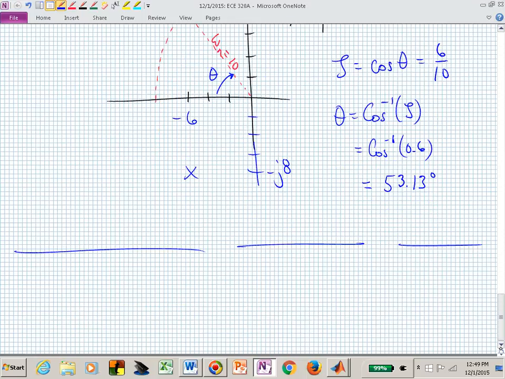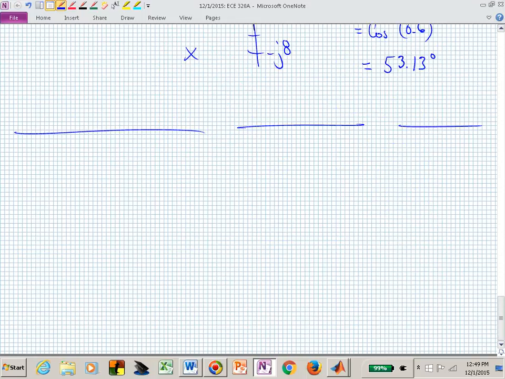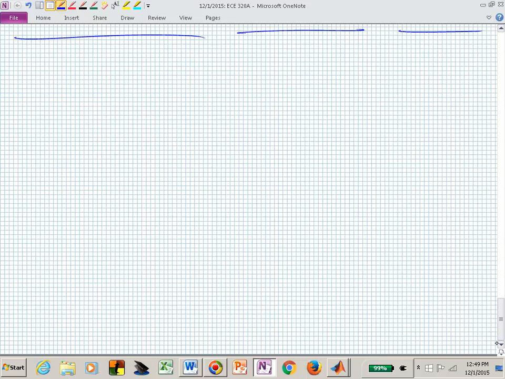Which means, really, when we're sketching these Bode plots, we only need to know how to sketch constants, how to sketch linear factors. The quadratic factors will just be two linear factors, and poles or zeros at the origin. That's all we need to sketch. But before we sketch those, we actually need to make sure that this transfer function is no longer in the pole-zero form, but in time constant form.